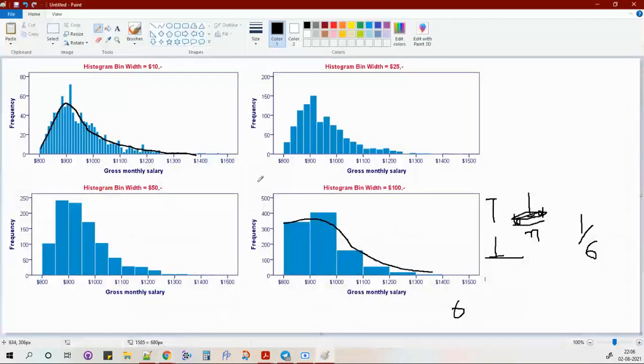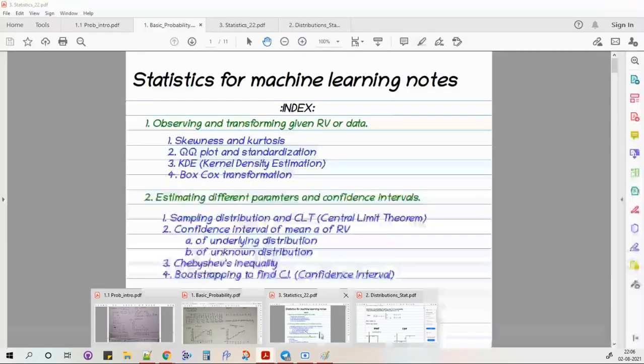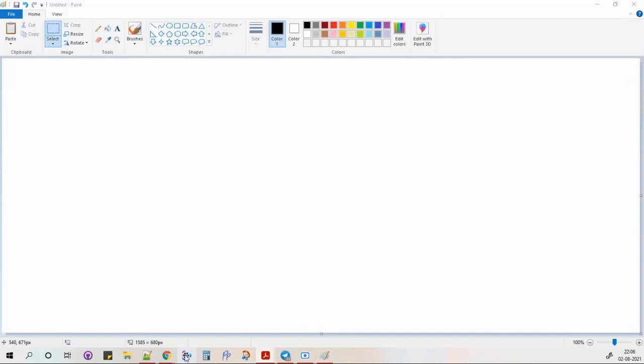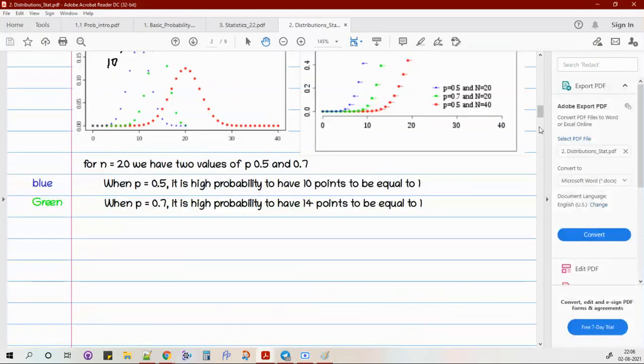Out of PMF, getting the CDF is really easy. I don't need to draw it, I have it here. Let's take this example.